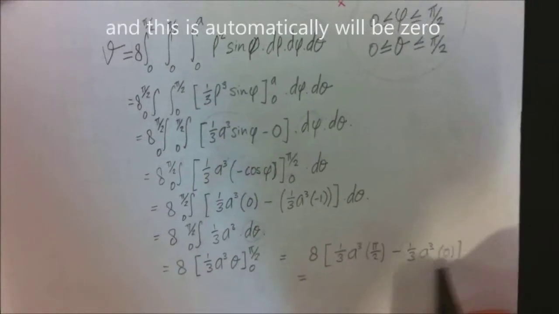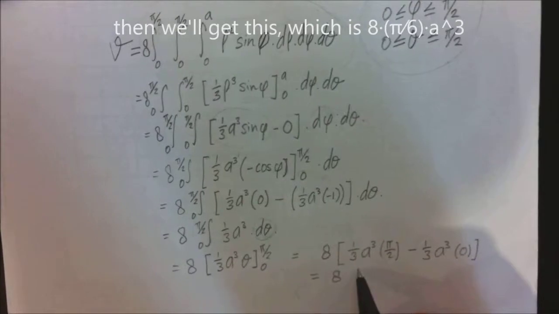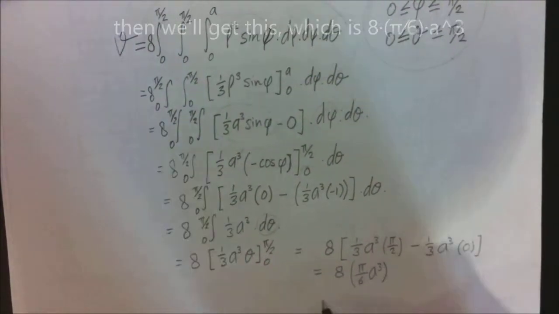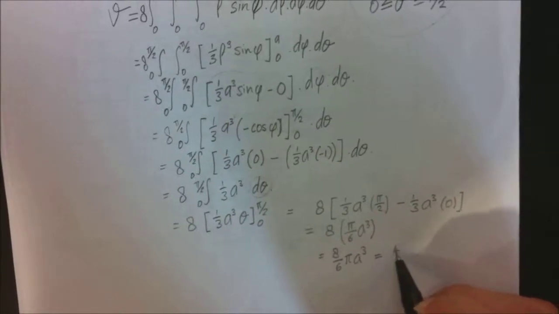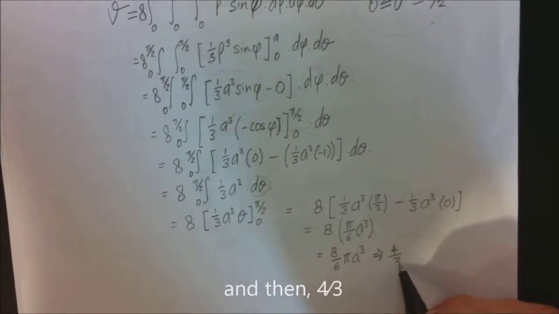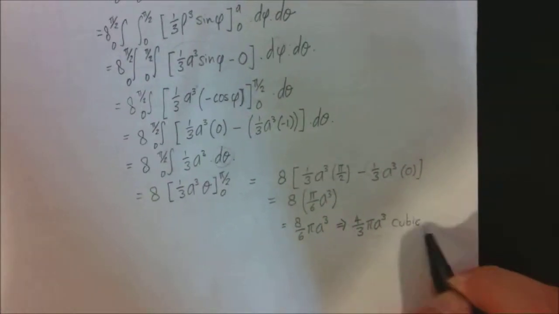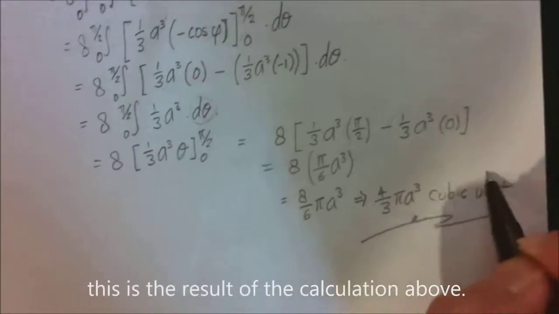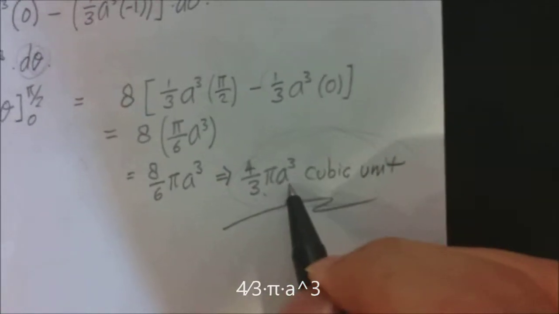And this automatically will be 0. Then we'll get 8 pi over 6 A to the power of 3. It will be 8 over 6, and then pi over 3. This is the result of the calculation above: the volume is 4 pi over 3, pi A to the power of 3.